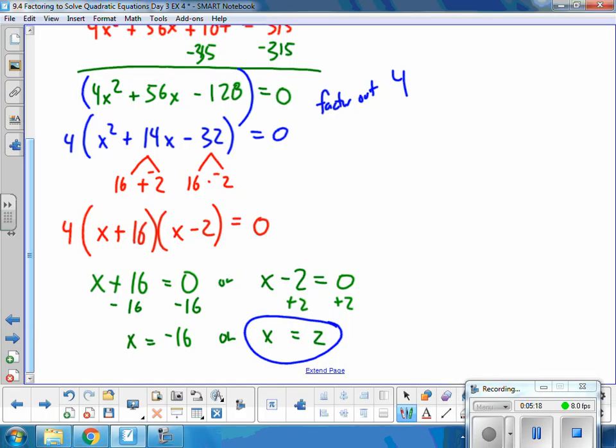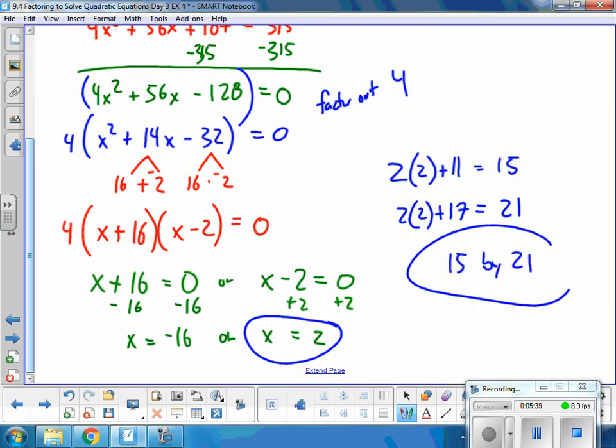I know that it's double x plus 11, which is going to be 15. And I know that it's double x plus 17, which is going to be 21. So I know that it's going to be a 15 by 21 as my answer.